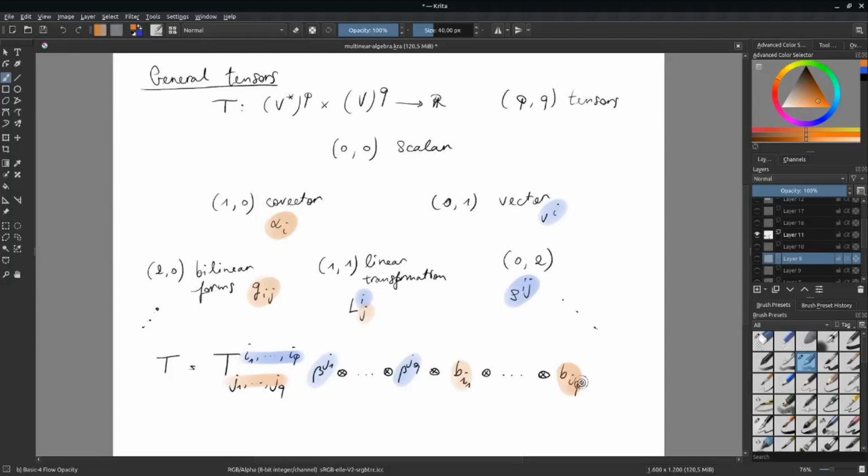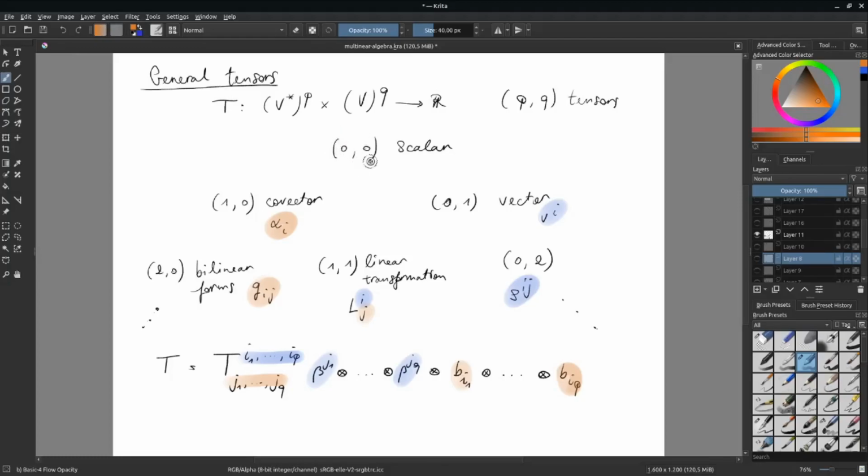So we can define an arbitrary tensor, a tensor of type (P, Q), as a linear form that takes P vectors in my dual space, or P covectors, and Q vectors, returns a scalar, and is linear in each of them separately. And I actually have a whole range of different things.